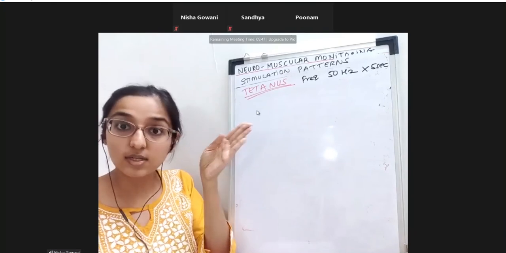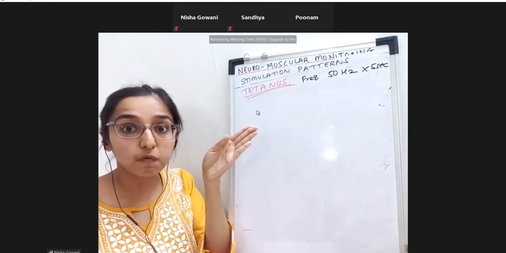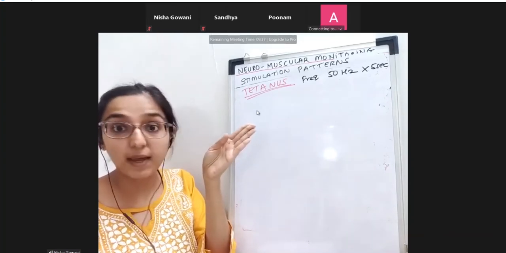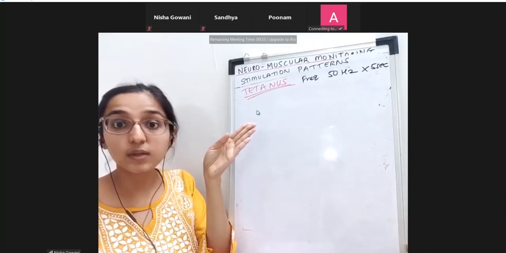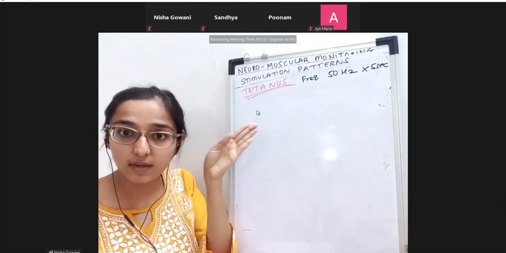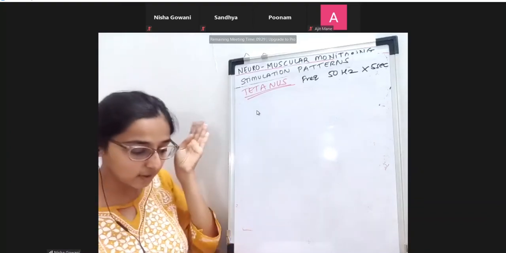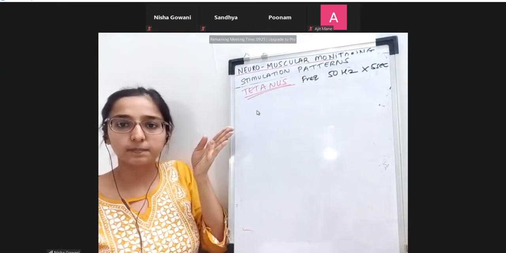Is this understood? This is tetanus. So you can imagine with what force the contraction is occurring in this muscle and how much pain the patient will have if you do it to an awake patient. So tetanus is never to be done in an awake patient. It is very painful. So never do it in an awake patient. There will be a sustained contraction.